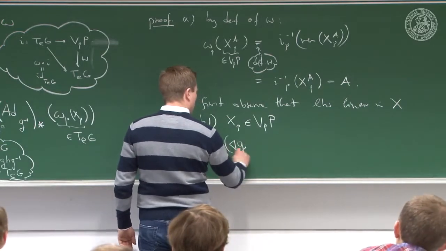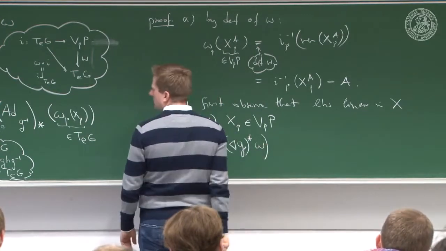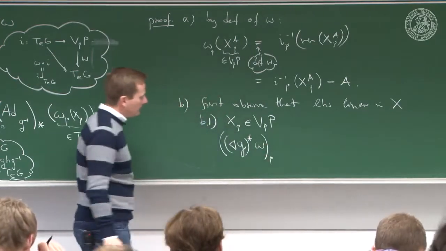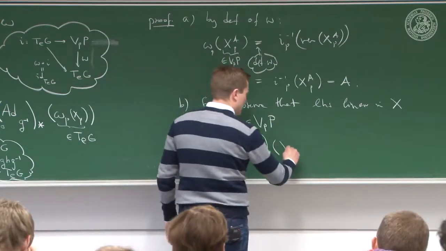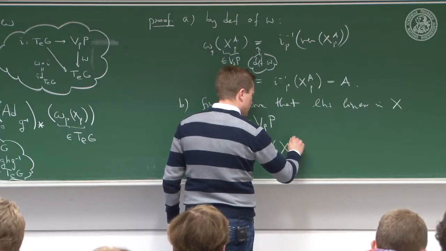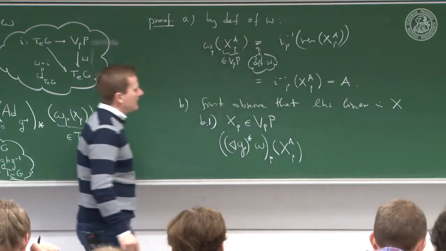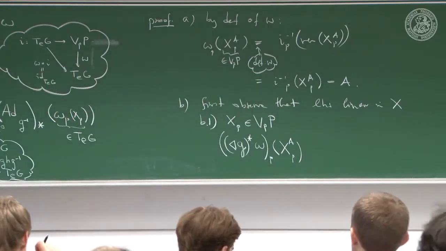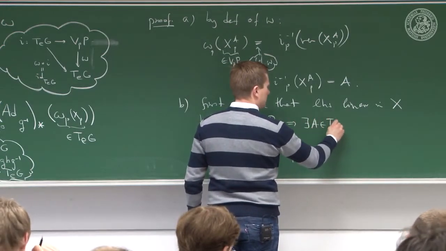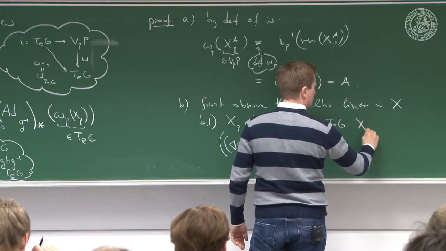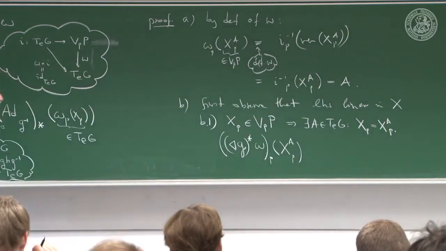We take the pullback of the one form omega, and that's supposed then to be a one form at p, and we act on it on a vertical one, but then we can always generate this vertical one from a Lie algebra element A. So if this is in here, then there exists an A in TEG such that X is XAP. Okay? So if it's vertical, we represent it like this.